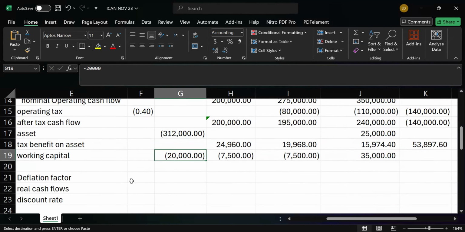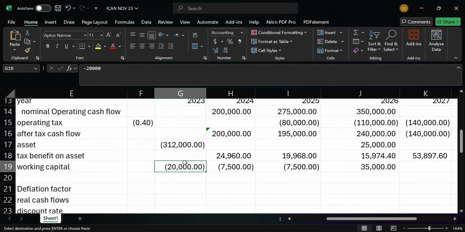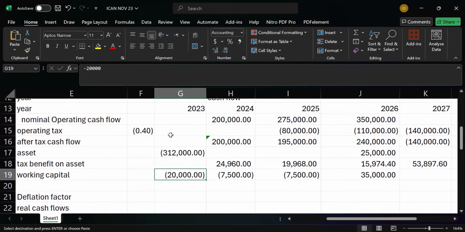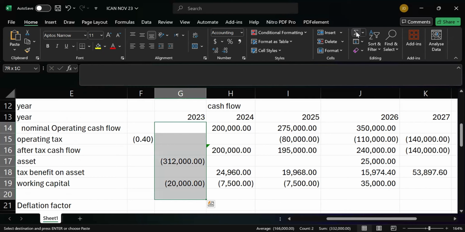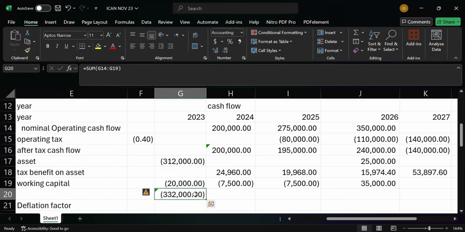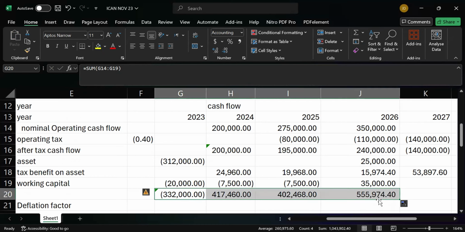Then, having done that, what will be the net cash flow? So this will be my net cash flows. I put it down here.